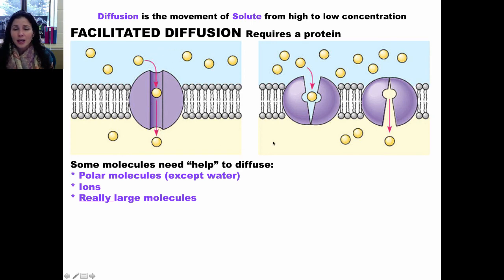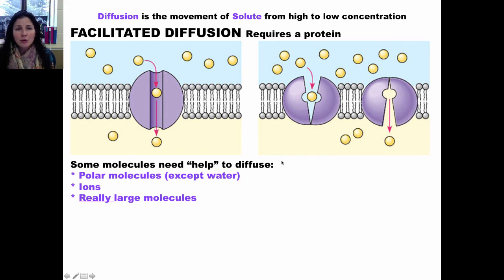Another mechanism that solute molecules use to get through the membrane is through another type of protein called a transporter. This transporter can open on one side, gobble up a molecule, and then open on the other side and spit the molecule out. But this doesn't require energy if it's moving solute from high concentration to low concentration.